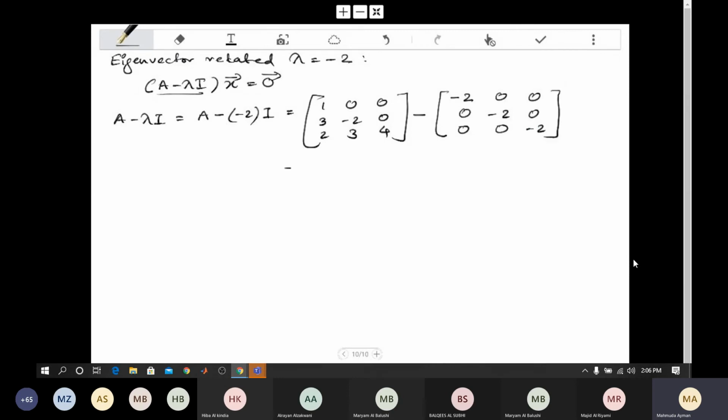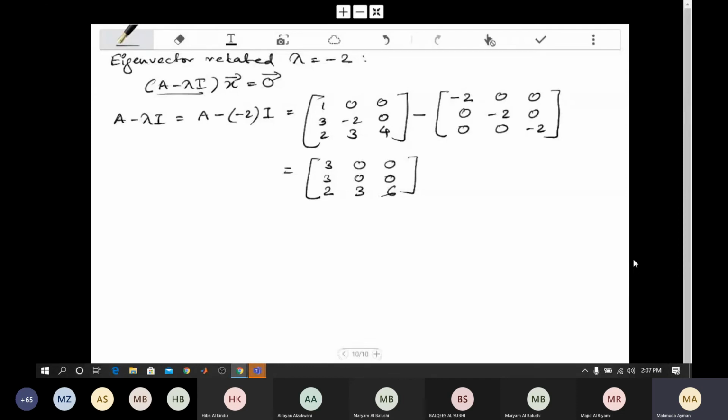So this one here will give us 1 minus minus 2 is 3. And then we have 0 minus 0 is 0, 0 minus 0 is 0. And here we have 3 minus 0 is 3, and then 0, 0. So minus 2 plus 2 is 0. And here we have 2, 3, and 6.